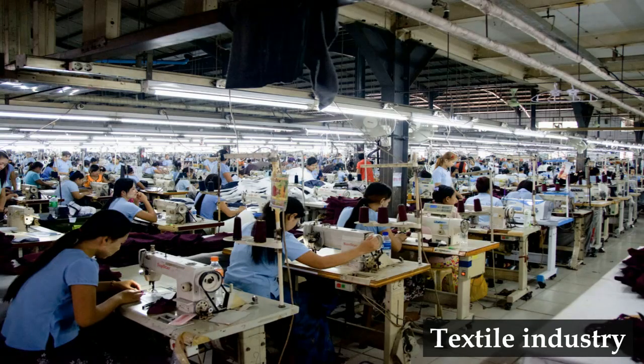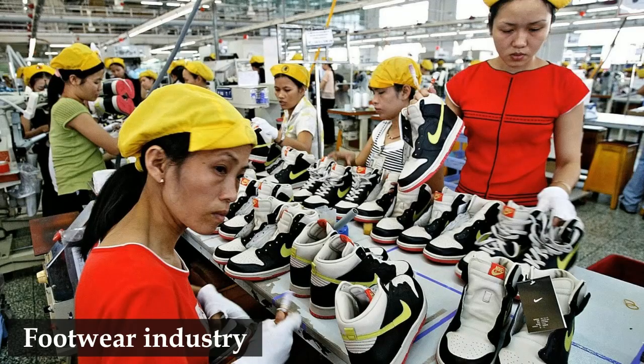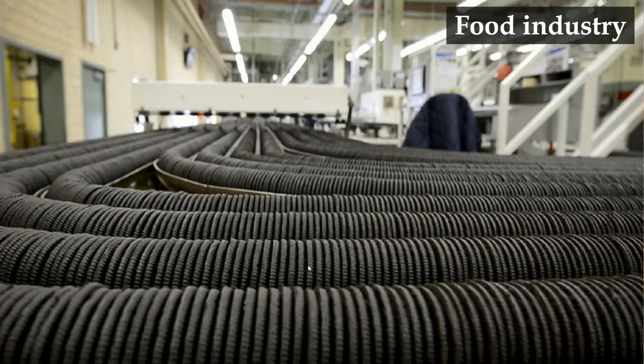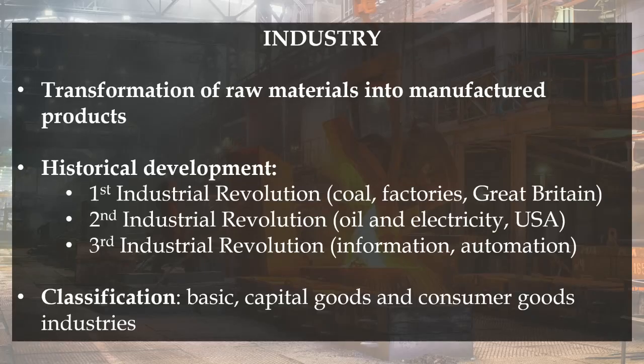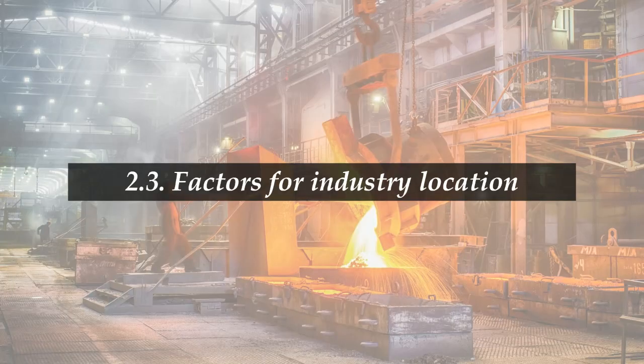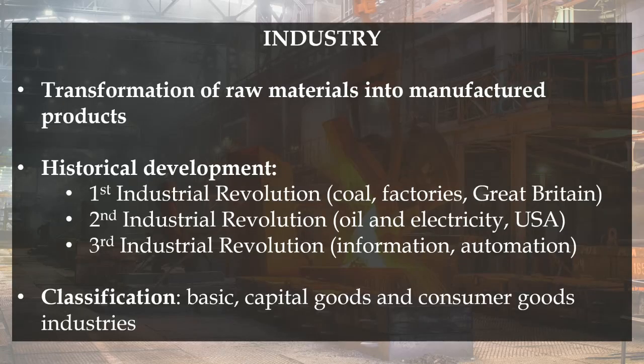This is a consumer goods industry. For example, the textile, the footwear industry, and the food industry, because these products, for example, these Oreo cookies, are going to be sold directly to the customers, to us. So this is the summary.